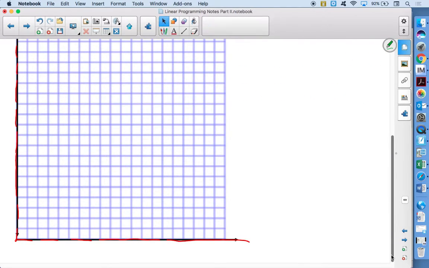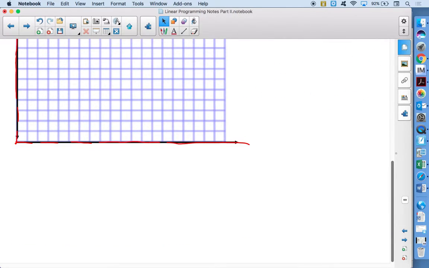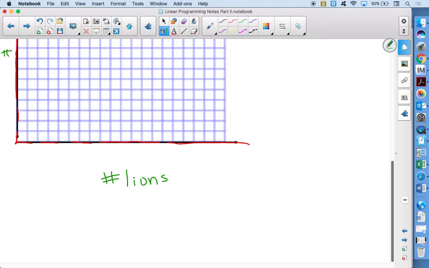And the other thing, make sure you're labeling your graph. It's now a word problem, so it represents something. The x-axis represents the number of lions, because that's what x is talking about. The y-axis represents the number of giraffes. And no, you don't have to label every single line. Label a couple of them.